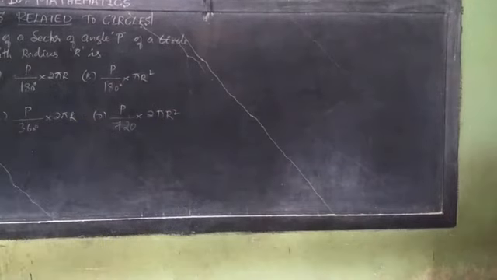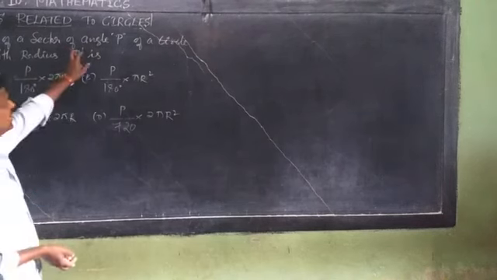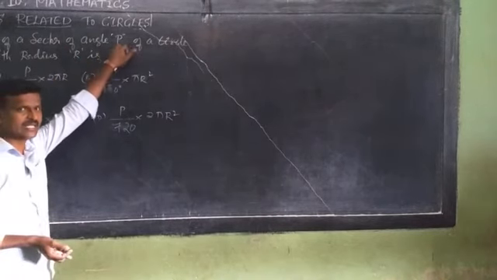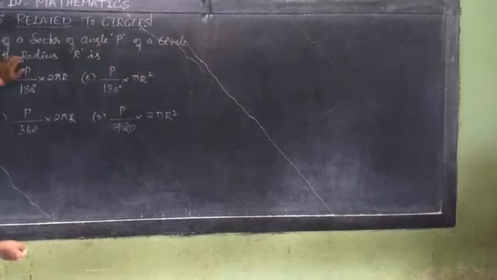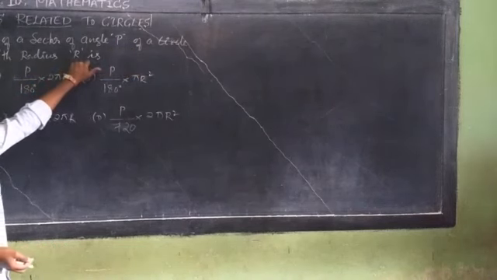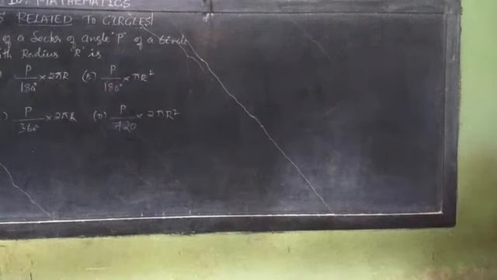This is the problem here. Pick the correct answer. Here the area of a sector of angle P is asked. The sector angle is P of a circle with the radius R, given by capital R. Therefore, what is the formula to find the area of the sector?